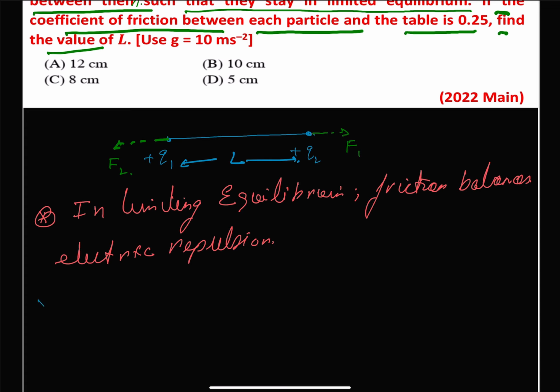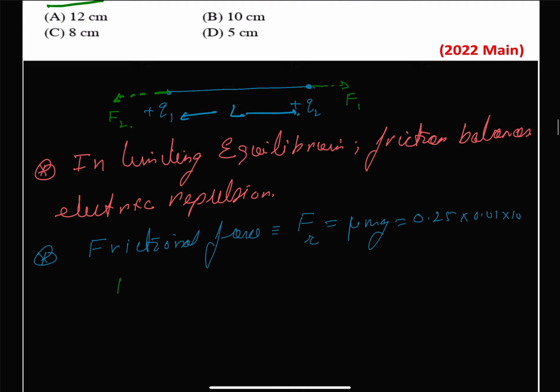The frictional force Fr will be equal to mu times mg. This comes as 0.25, mass is given as 0.01 multiplied by 10. So we get our frictional force Fr will be equal to 0.025 newtons.